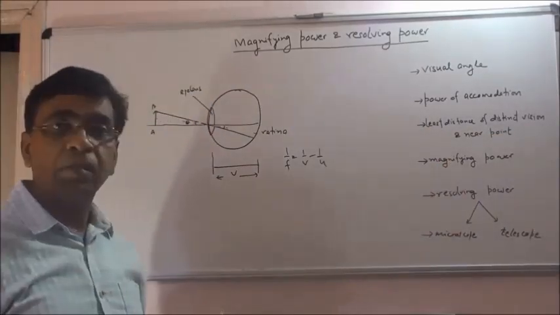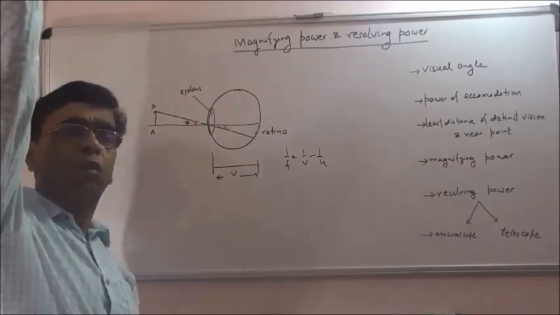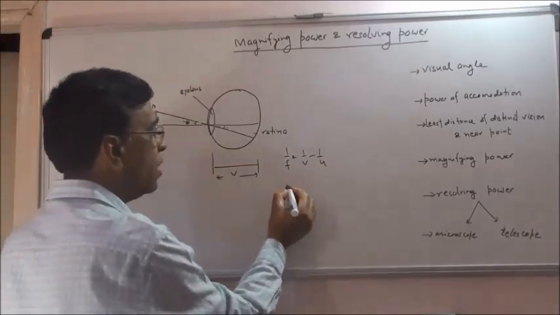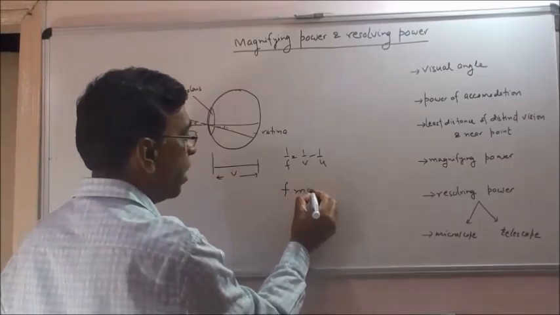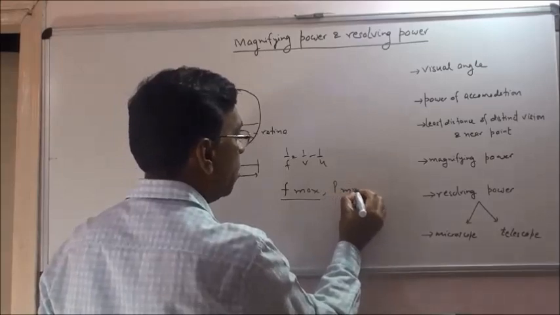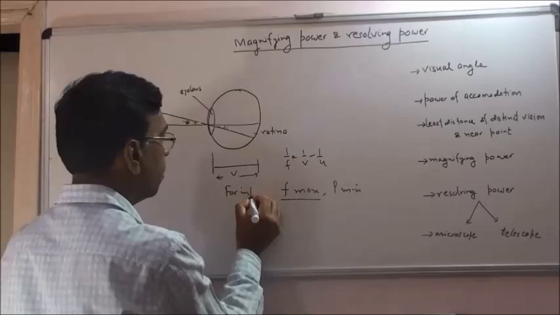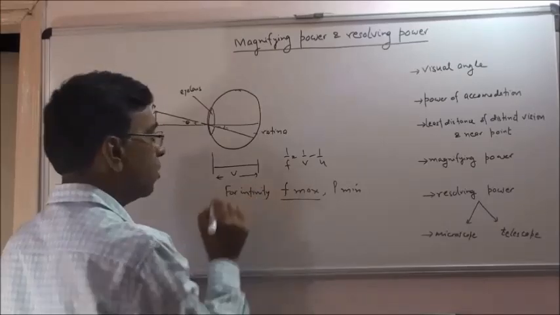Then focal length is maximum or power of the eye lens is minimum. So when we are looking at far away objects at infinity, power is minimum, f is maximum, and power is minimum for infinity.